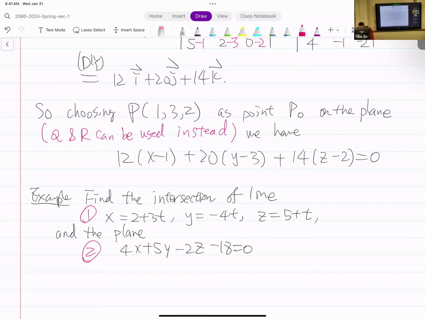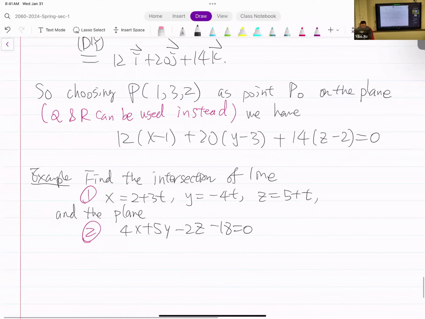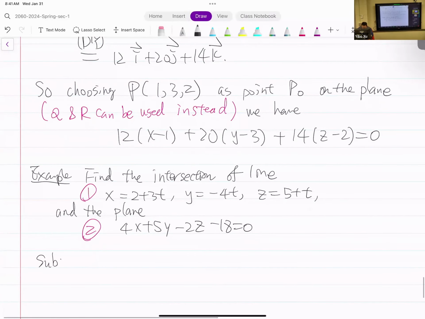But now if you think about it, equation 1 is just saying every component, every entry can be represented in terms of t, right? So what we do is we substitute equation 1 into equation 2, and we solve for that value t. Okay. Substitute equation 1 into equation 2.